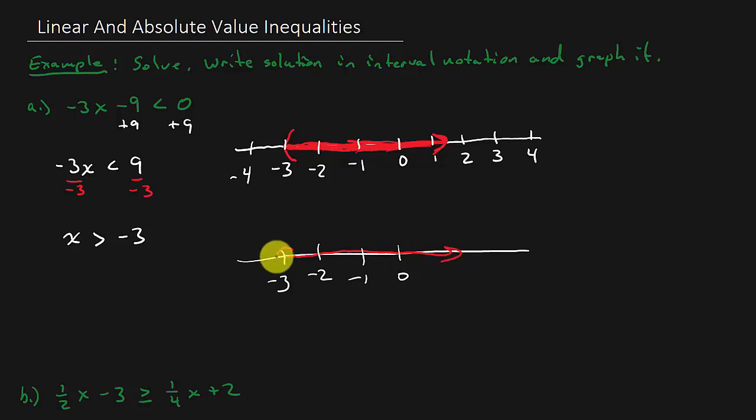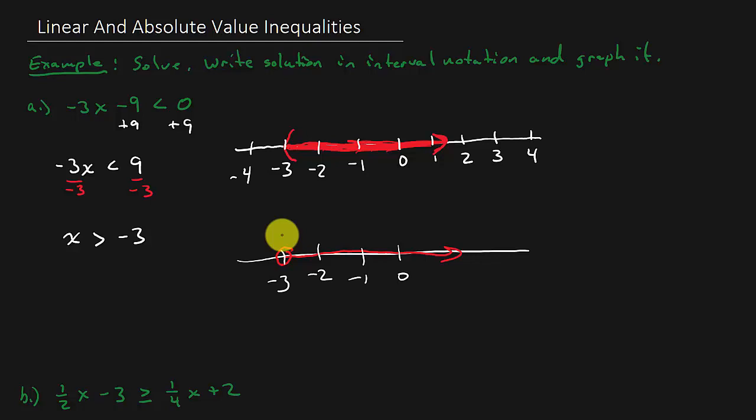And you could use an open circle. The open circle means the negative 3 is not included. So either way, whether you put the parenthesis or the open circle to not include the negative 3, either way is correct.